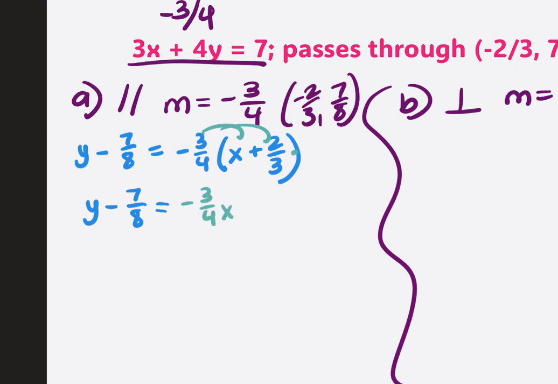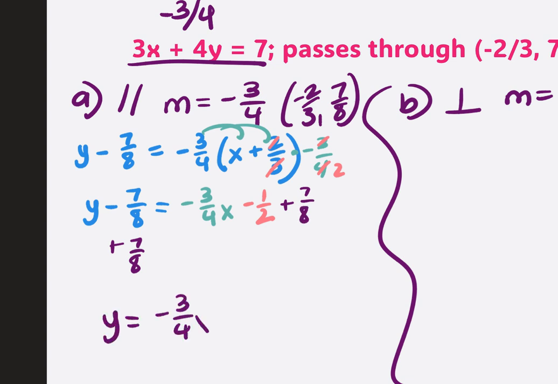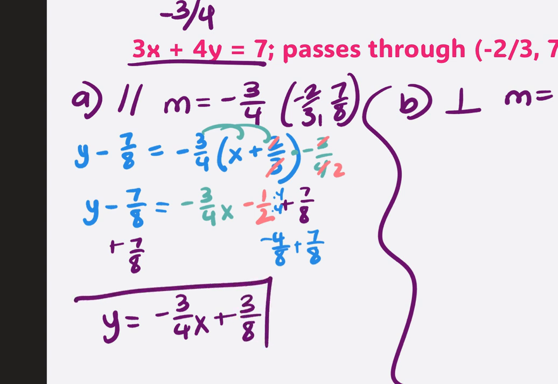When I multiply by a negative 3/4, the 3's cancel. 2 goes into 4 twice, and I get negative 1/2. And then I'm going to add the 7/8 at the end. And I get y equals negative 3/4 x, negative 4/8 plus 7/8 is 3/8.